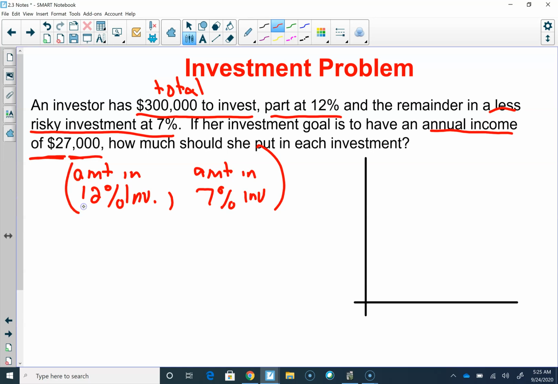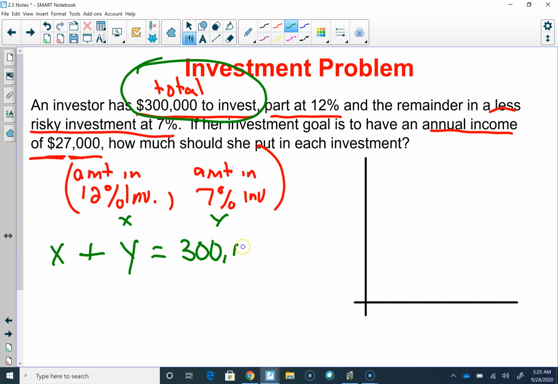Definitely want to know what we're doing here. That's going to give us a lot of clarity. So I want to make a total investment of $300,000. So whatever I put in my X plus however much I put in my Y is going to equal my $300,000.